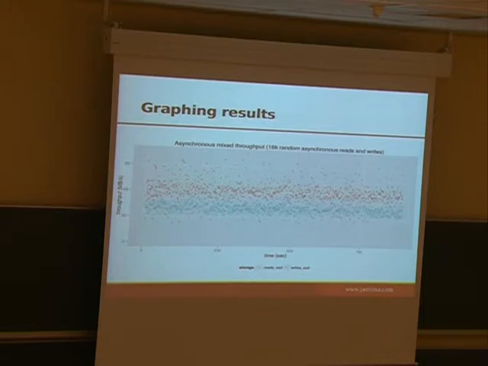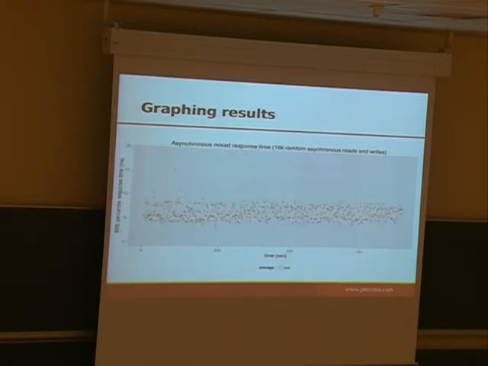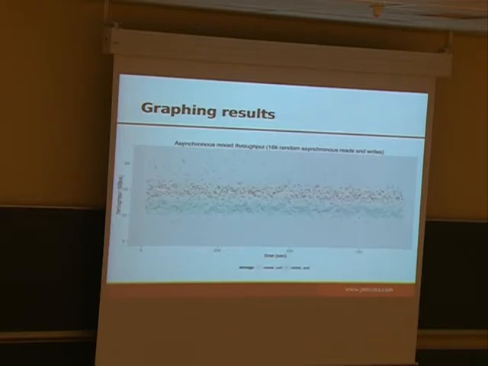So if I do reads and writes at the same time, I'm not able to do 400 meg read throughput anymore. And here is the response time of this graph, and the red one is the read throughput, and the blue one is the write.